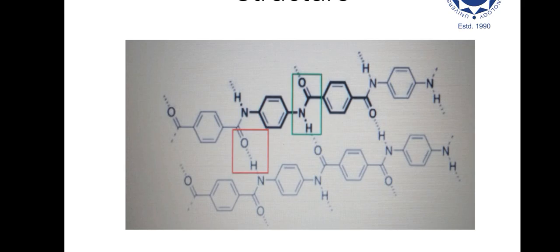The oxygen of the carbonyl group and the hydrogen of the amine form hydrogen bonds with one another, shown as dotted lines. So this is the entire structure of Kevlar fabric.